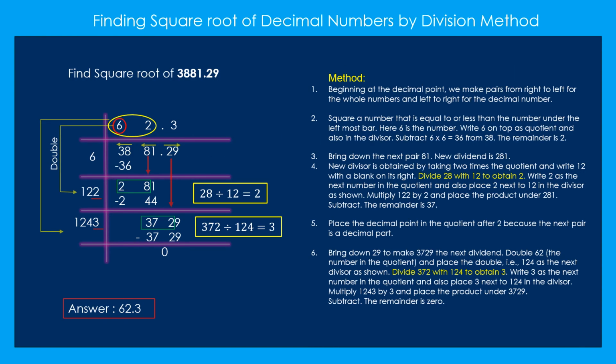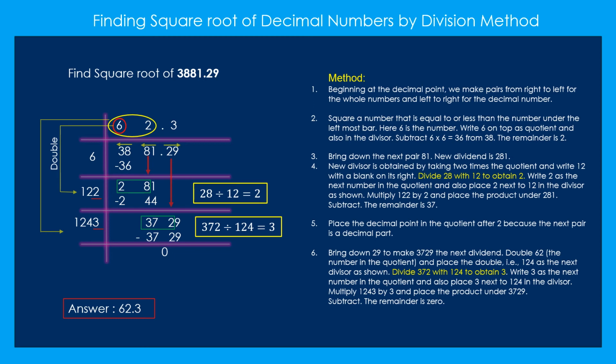Find the square root of 3881.29. So first, you write down the number 3881.29 and draw a vertical line as well as a horizontal line. After writing the number, you have to pair the digits. For decimal numbers, you start making pairs at the decimal point. Here this is the decimal point.